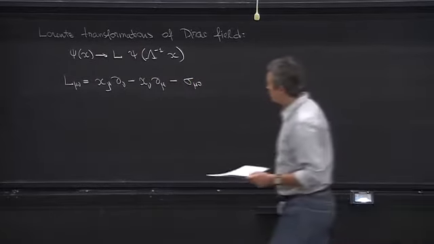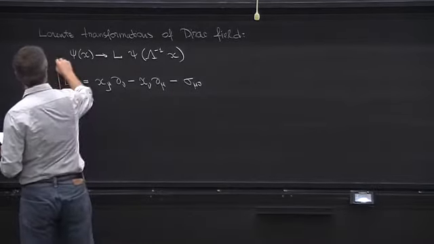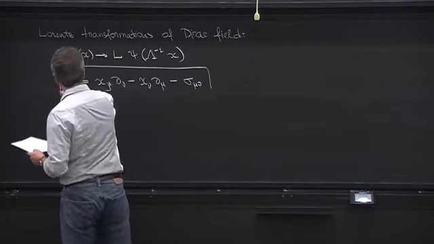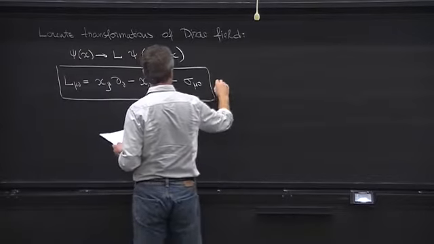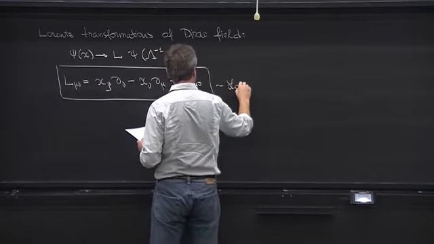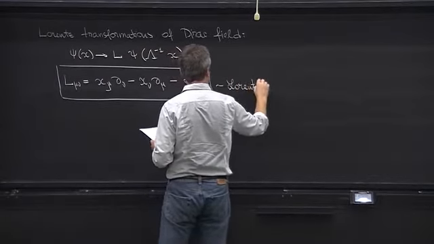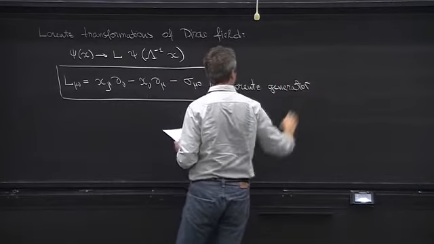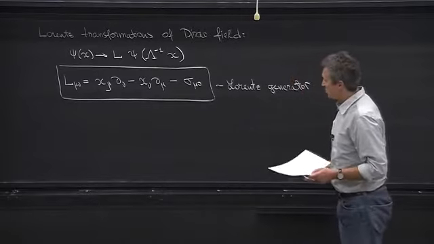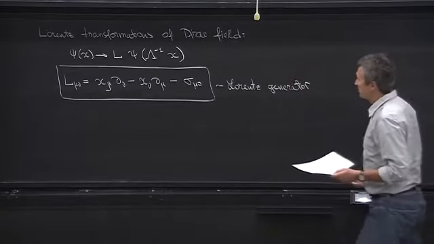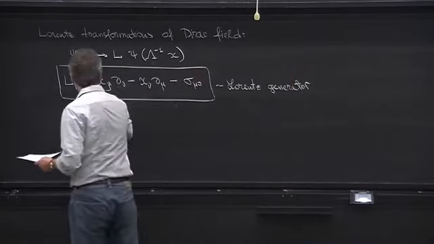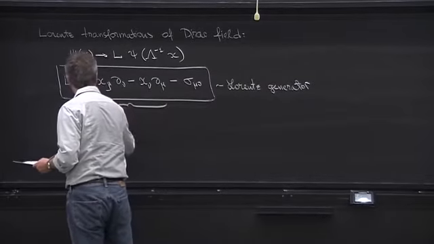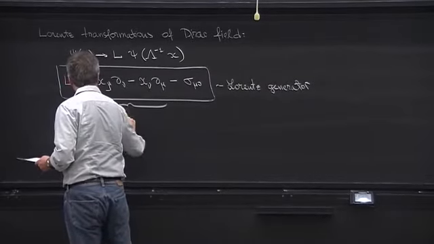So the Lorentz generator acting on the Dirac field will have this additional term. The physical interpretation of this formula is that this part of the Lorentz generator is the orbital angular momentum.